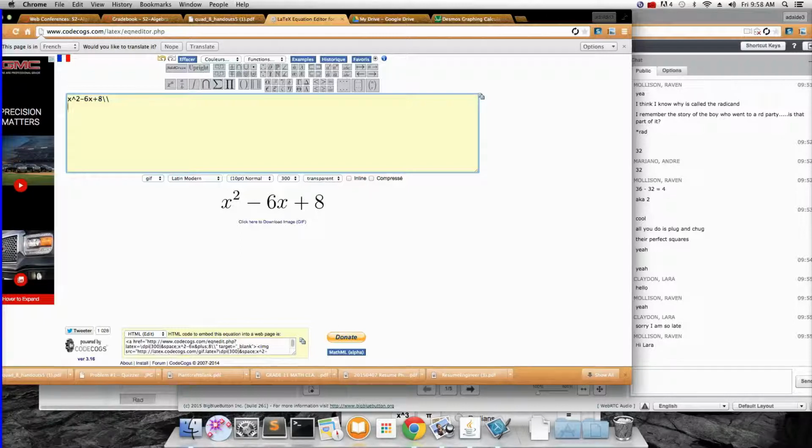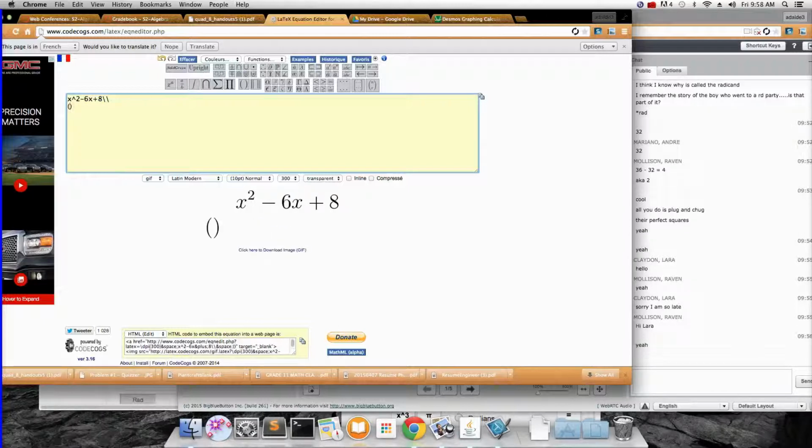You guys remember how to factor. This was like from quad 4 or something like that, quad 5, or I think it was even like quad 2. You're going to have 2 parentheses, you're going to have an x, and in this case you're going to have, let's see, what are 2 numbers that multiply out to be positive 8 but add up to be negative 6? That would be negative 4 and negative 2.